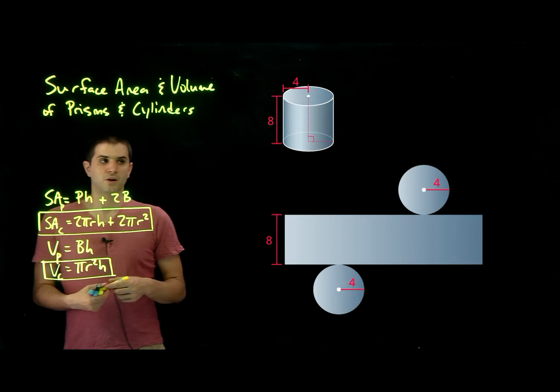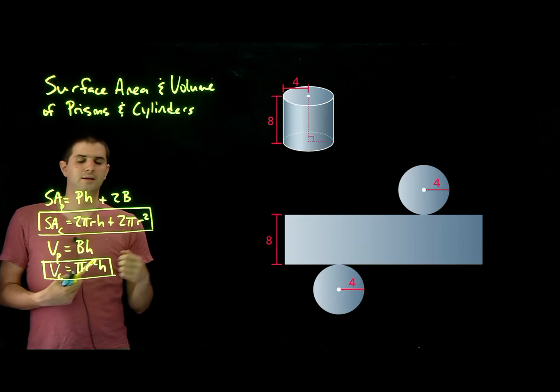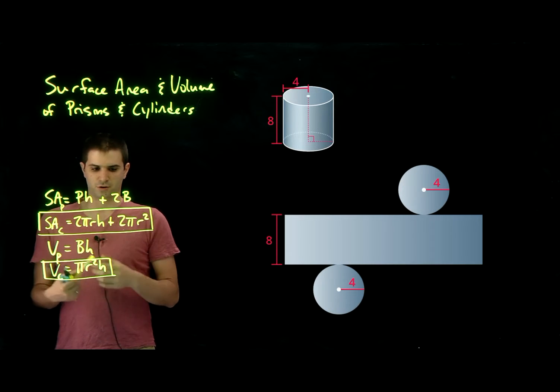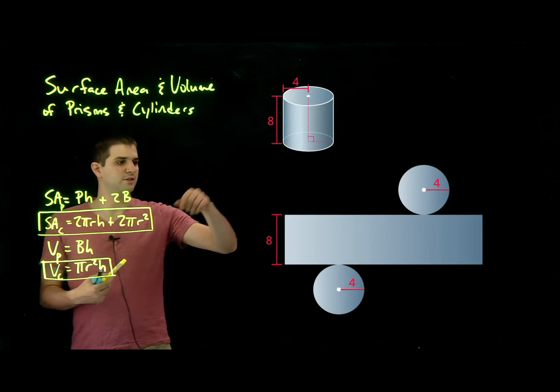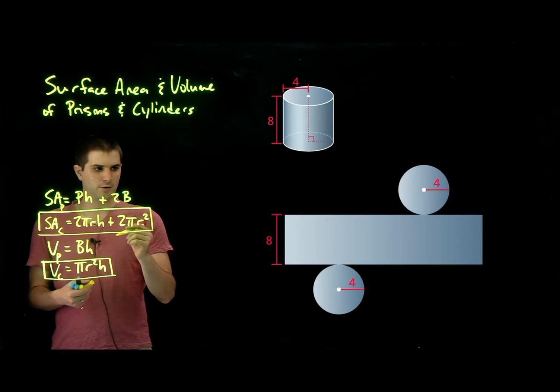So here I want to find the surface area and the volume of this cylinder.